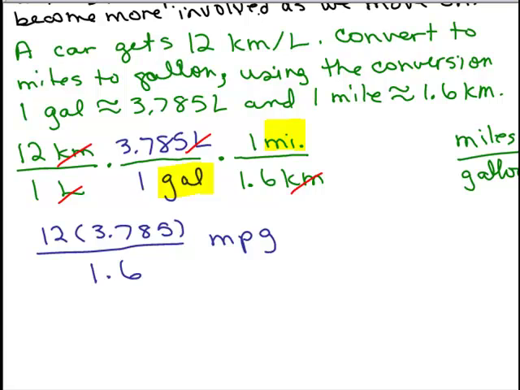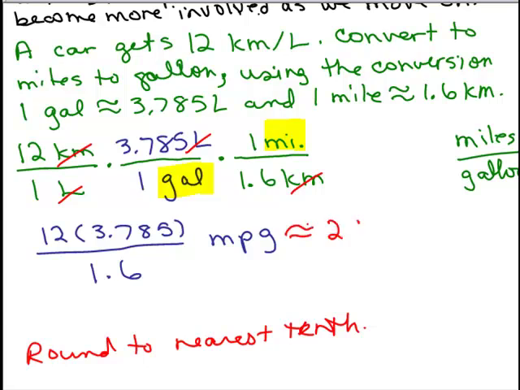All right, so let's go ahead and put that in the calculator. And I didn't say this, but round to the nearest tenth. And I get that that's approximately 28.4 miles per gallon.